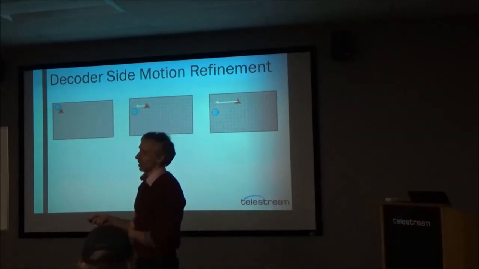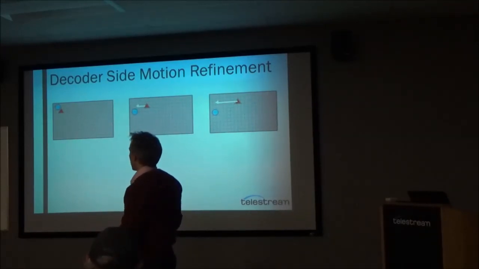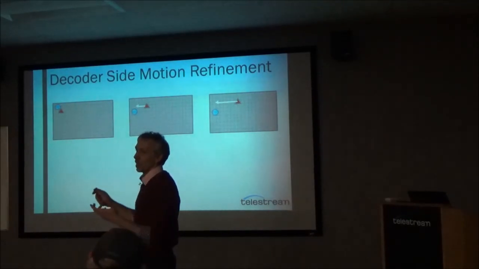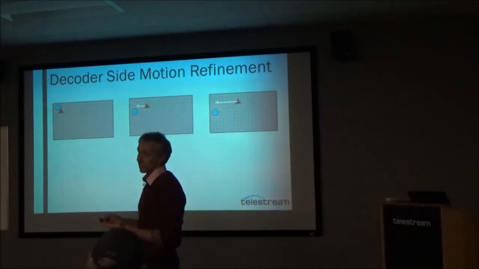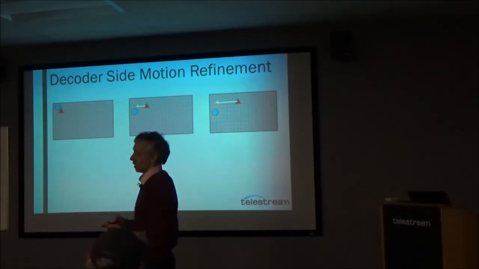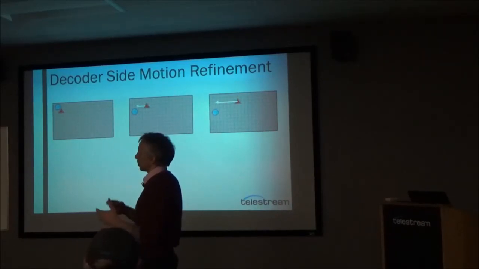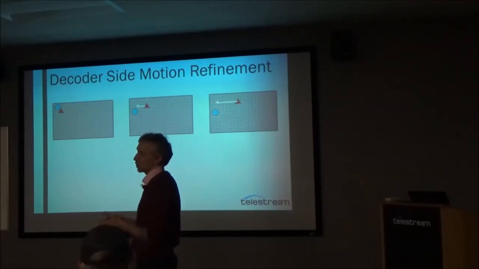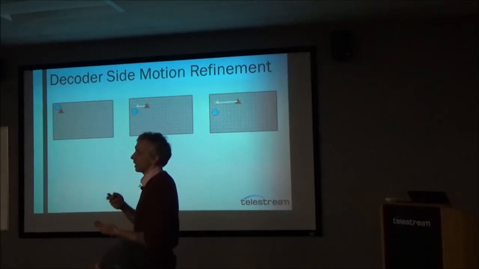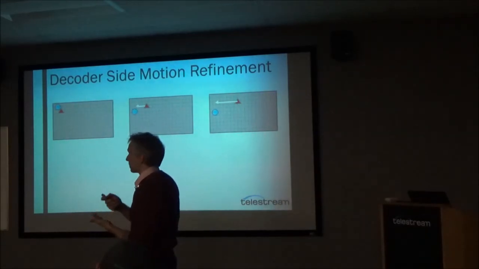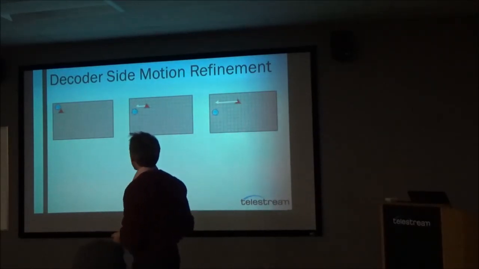So what we're doing here is putting a little bit of extra burden, or maybe a lot of extra burden, on the decoder to do its own motion vector searching so that the encoder doesn't have to put that information in the bit stream. So it's not that we can get really any better quality, or maybe we're only getting better quality because we've got extra bits that we can spend on quality. We're just saving the encoder the trouble of sending over motion vectors by letting the decoder do a lot of that work.